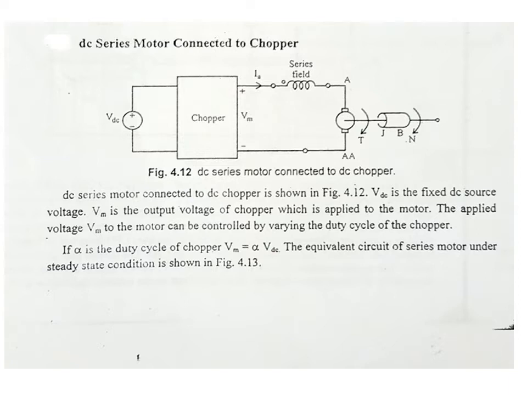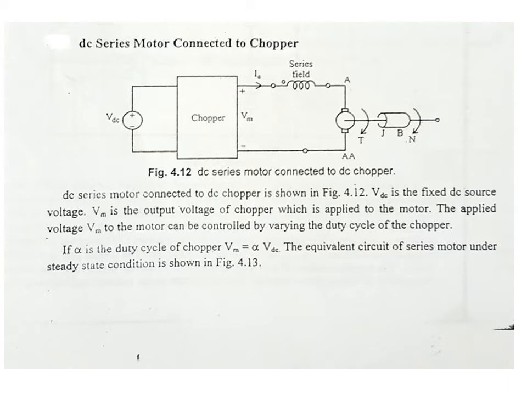Okay, now let us continue with our discussion as DC series motor is connected to a chopper circuit. So this is the basic block diagram of the chopper circuit. Input side we have connected the DC voltage. At the chopper output we will get the variable DC voltage, and because of that we will get some amount of current, which here we are taking as the armature current. By the name itself we are connecting the series motor.